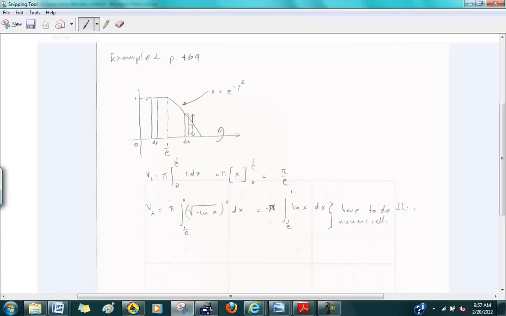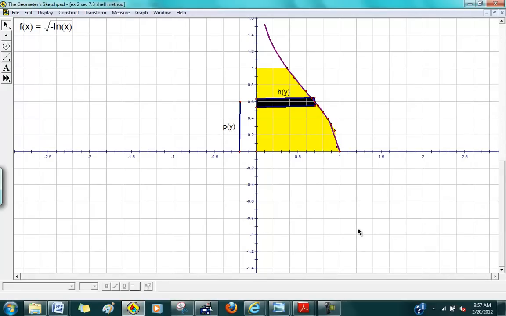It's a region formed by these points here. So really it's this region here, and we are now rotating it about the x-axis. Remember, in the shell method, we were rotating it about the x-axis as well, and our representative rectangle was horizontal.